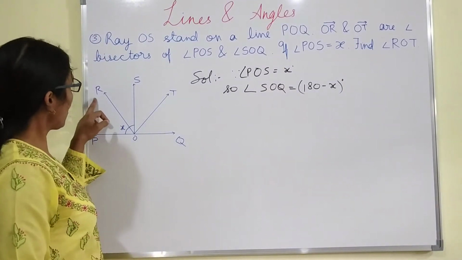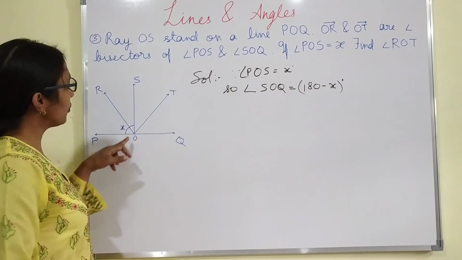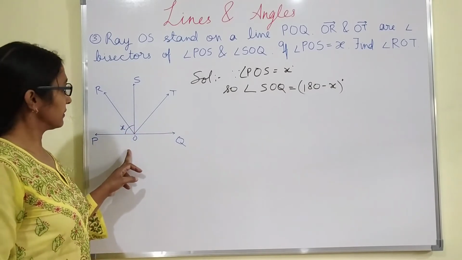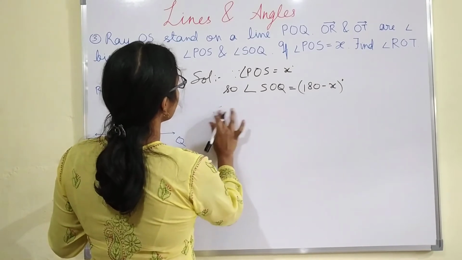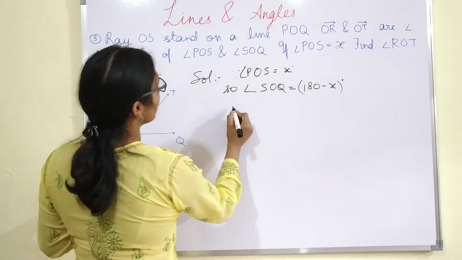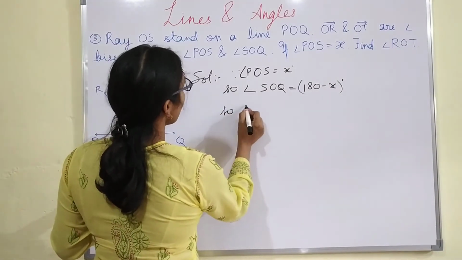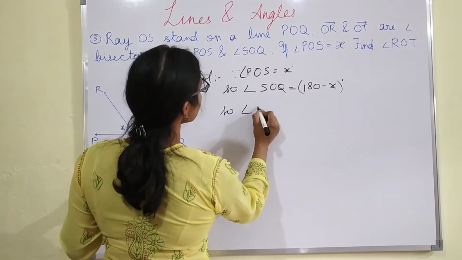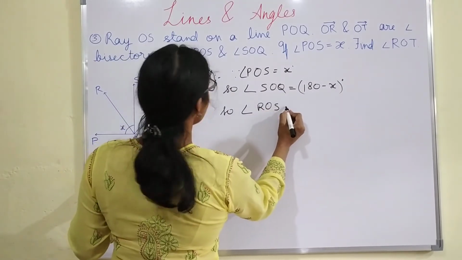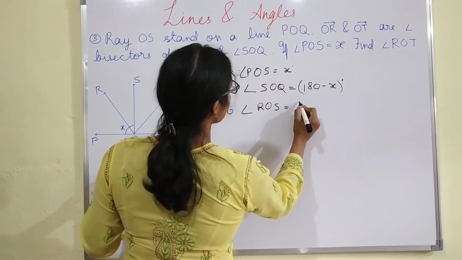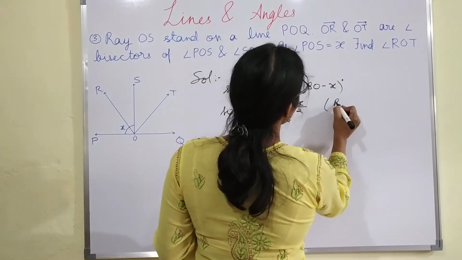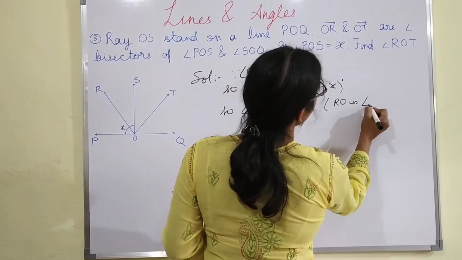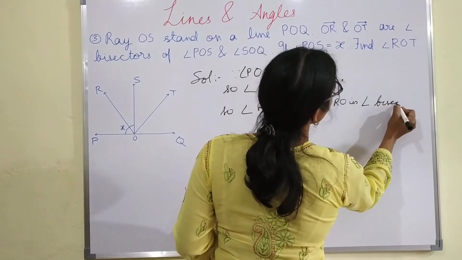Now OR and OT are angle bisectors. So angle ROS equals x upon 2. We will write here, OR is angle bisector.